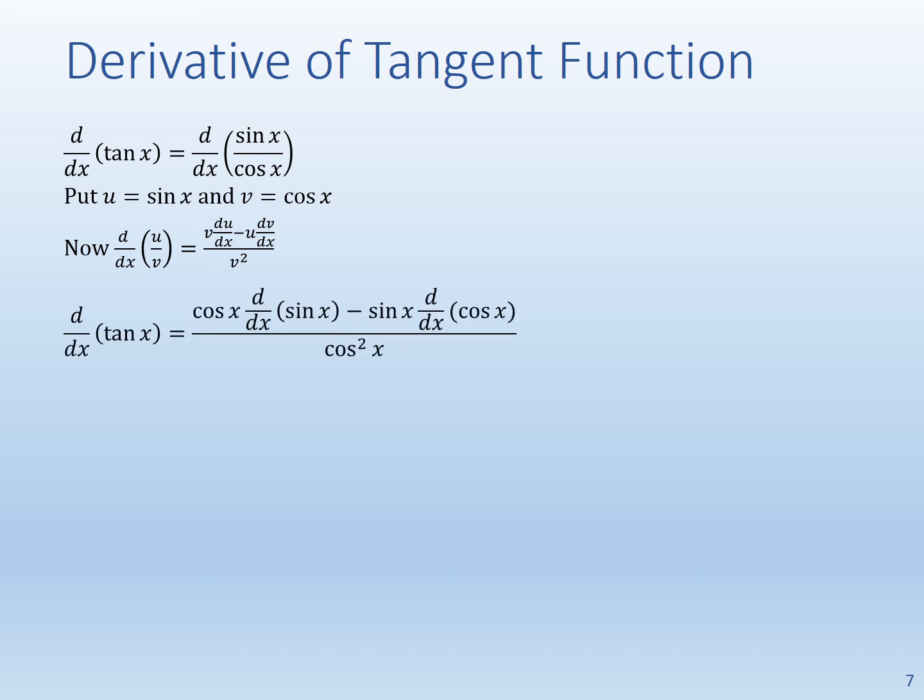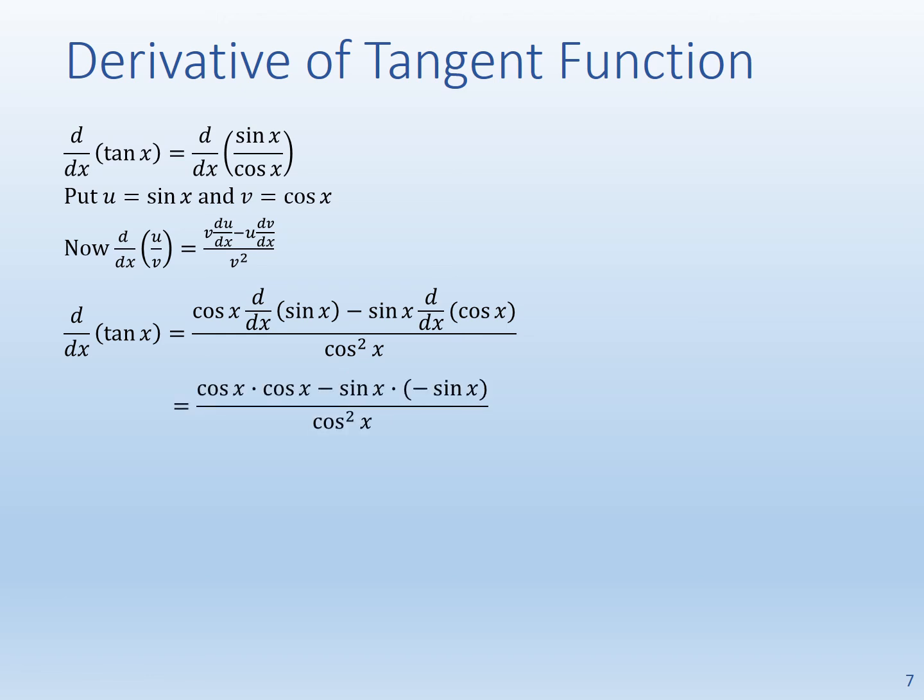So we've got the v is cosine x, that's our denominator, and we need to differentiate the u, which is the sine x. And we then have our u, which is the numerator, sine x, times the derivative of the denominator cosine x. And all of that's over the v squared, the denominator squared.